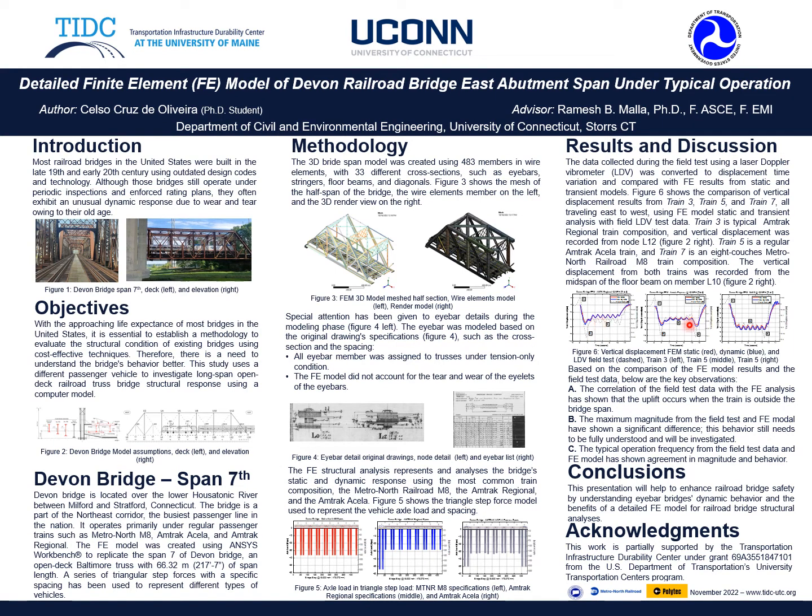There are a few things we can observe from all the data. The middle one is Acela, the right one is M8. In all the train visuals, you can see the uplift right here. The uplift happens when the train is outside of the bridge. For some reason, we are thinking that there is a lever effect that happens when the train is outside.